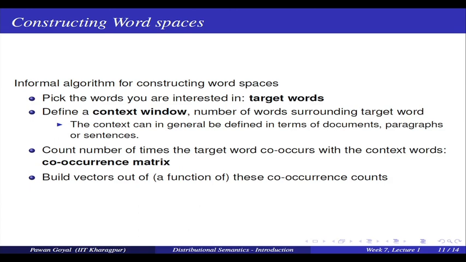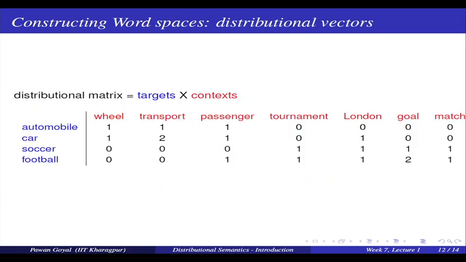Now once you have built the co-occurrence matrix, you can think of each row of this matrix as your vector that denotes each individual word. If we try to apply this algorithm on the previous example that we have seen, we will have 4 words as the target words, 7 words as my context words, and a matrix of dimension 4 cross 7, and each element will denote how often this target word occurred with this context word within my context window.